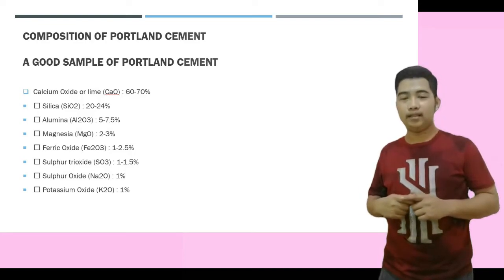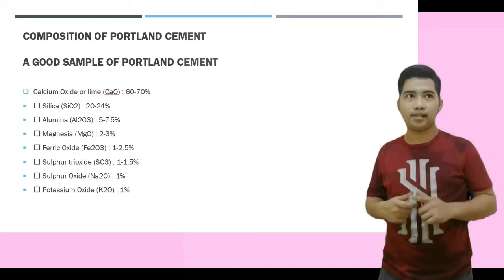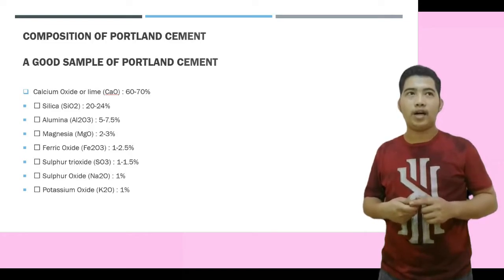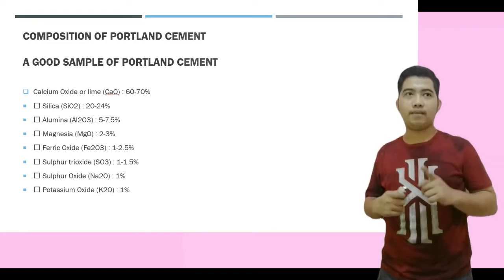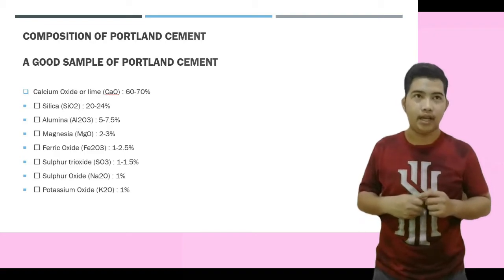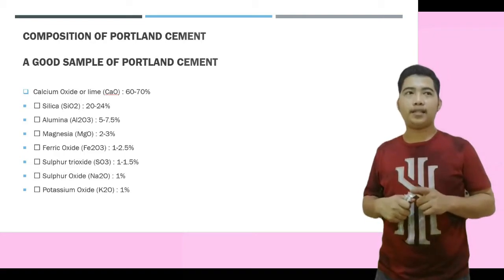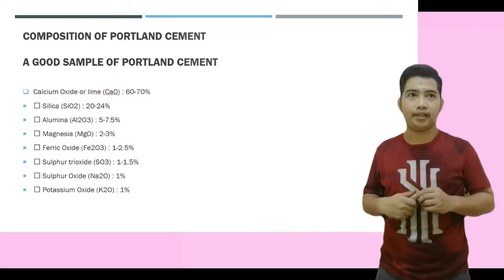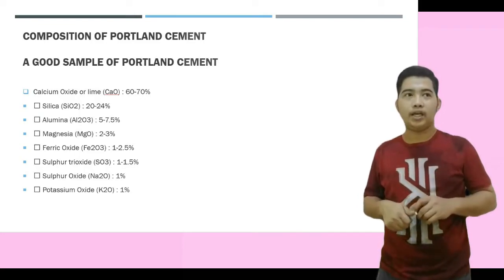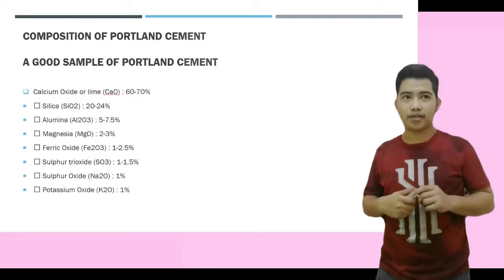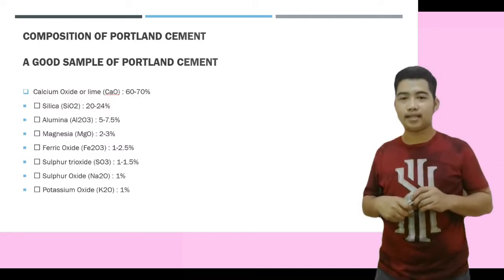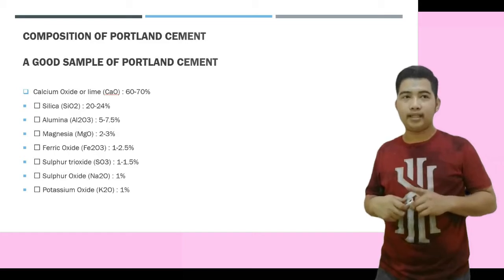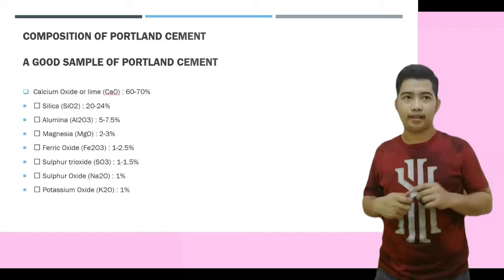Silica from sand, old bottles, clay, or argillaceous rock is about 20 to 24%. Alumina from bauxite or recycled aluminum is about 5 to 7.5%. Magnesia, found in large deposits in minerals such as magnesite and dolomite, is about 2 to 3%.